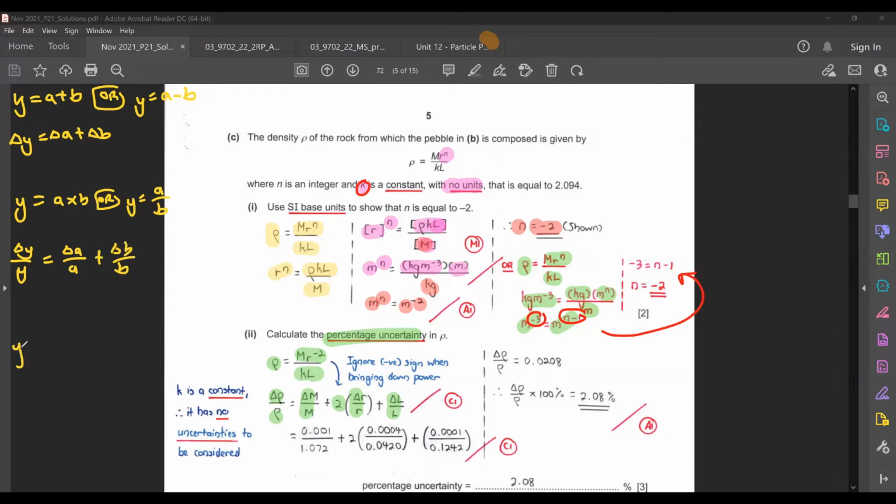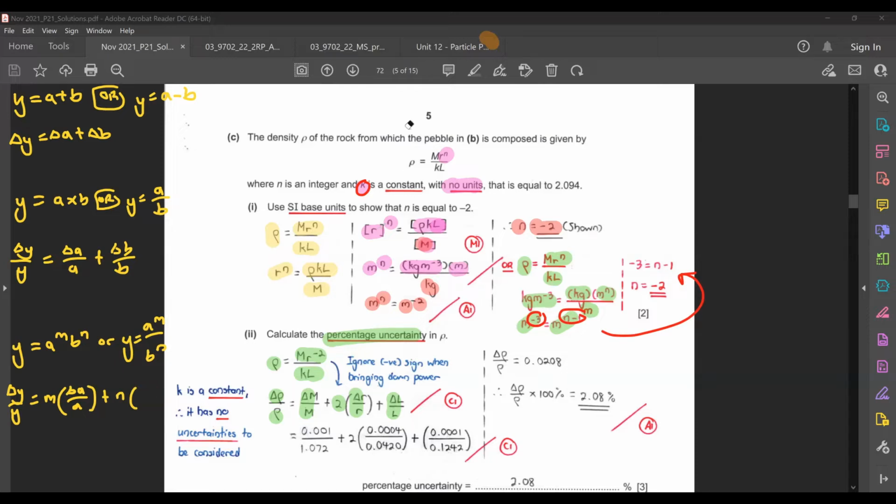Now the other form will be y equals to a power m, b power n, or y equals to a power m divided by b power n. This one, you would have to bring down the powers. So in my case, this one will be fractional uncertainty of y is m times the fractional uncertainty of a plus n times the fractional uncertainty of b.